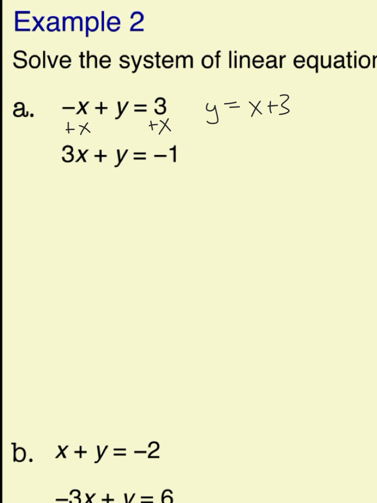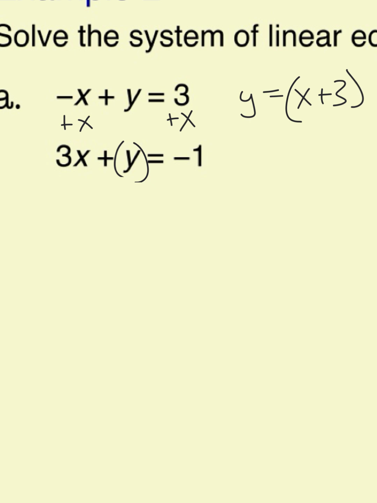But now I have something that y equals that I can substitute for y. So I'm going to take this x plus 3 and substitute it for y in the second equation. So I'm going to rewrite the second equation, 3x plus, but then instead of writing y, I'm going to substitute x plus 3, and then finish the equation, equals negative 1.